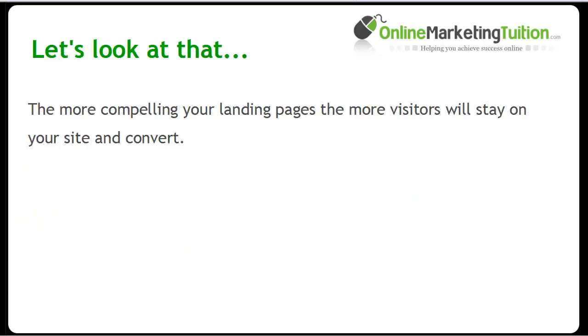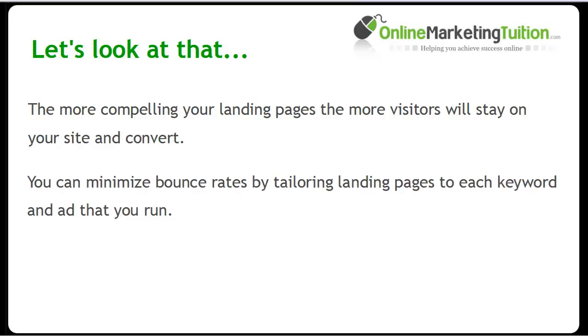The more compelling your landing page is, the more visitors will stay on your site and convert. That's exactly what we're talking about, finding those long tail keywords that are specific to that page or section. And the next stage, which we're moving on to now, is to think about the audience and tailor that page to that person. You can minimize bounce rates by tailoring landing pages to each keyword and ad that you run.